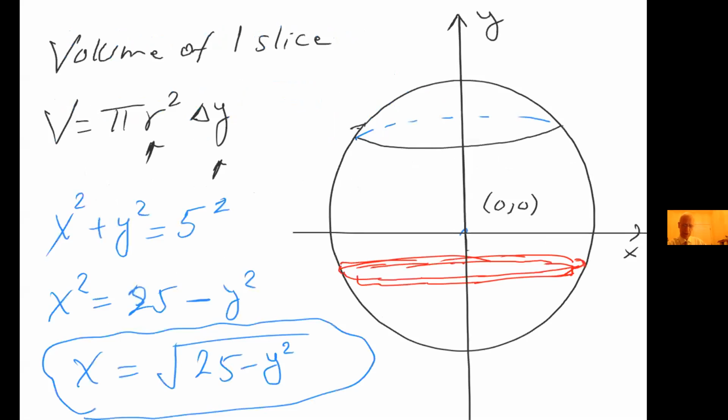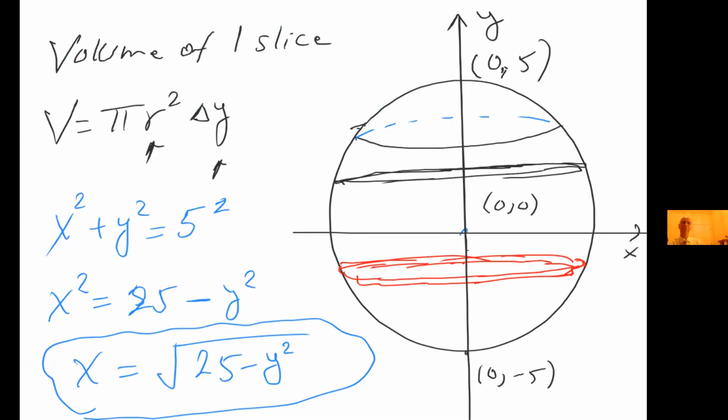Okay, so each distance, notice that if the slice is in here, has to travel, and of course this point right here is 0, -5. This point right here is 0, +5. So if the slice is up here, if I say 5 minus y, that makes sense.